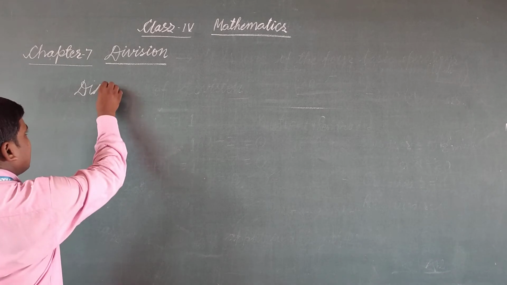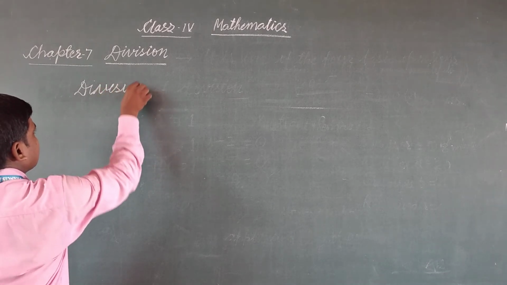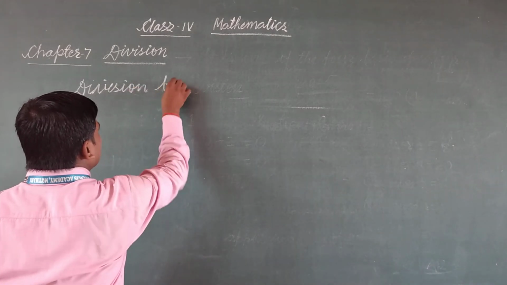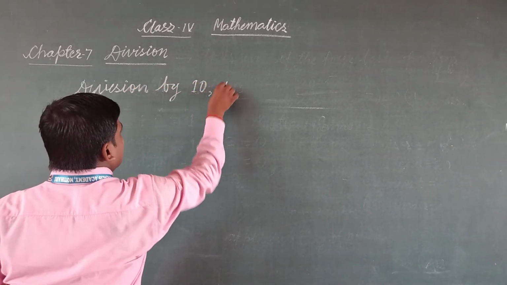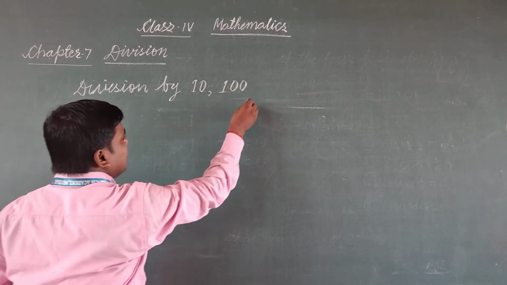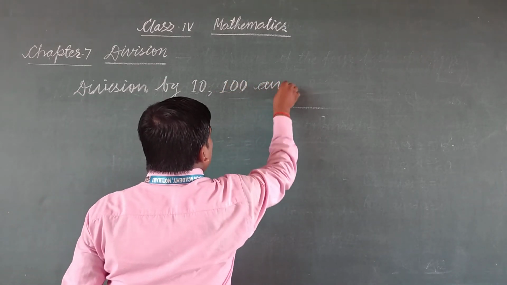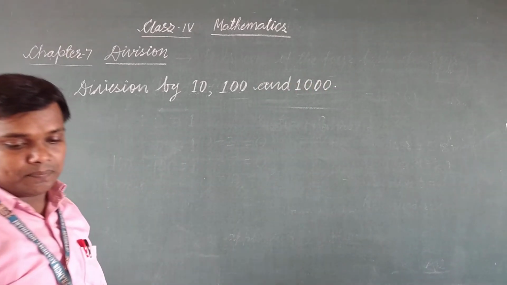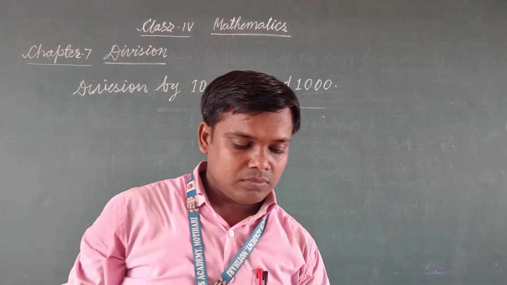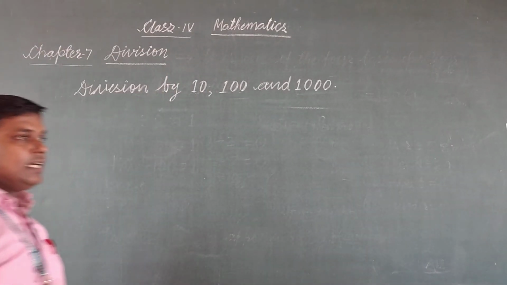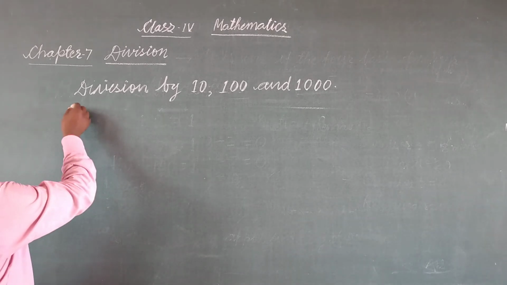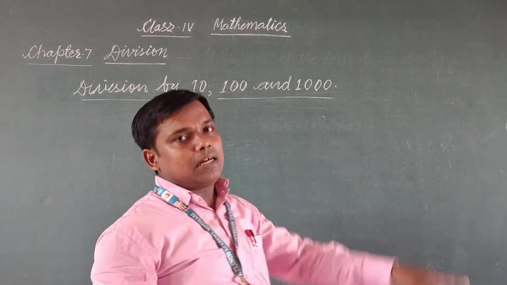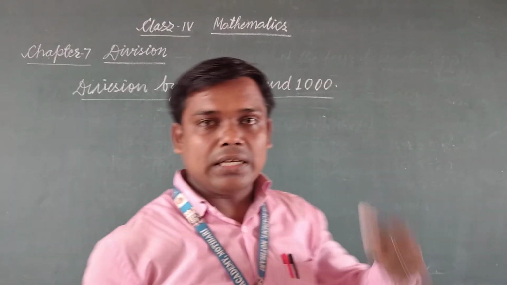Division by 10, 100 and 1000. Just now we have read the property that any number divided by 1, the quotient will be the number itself.